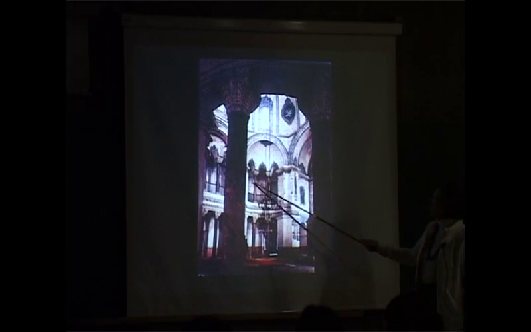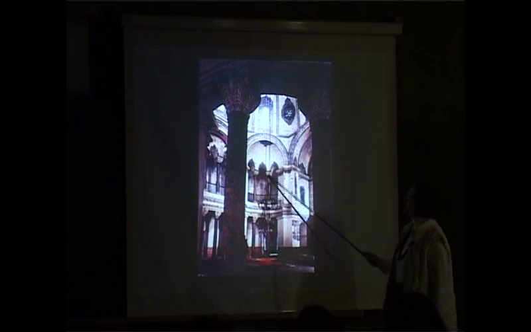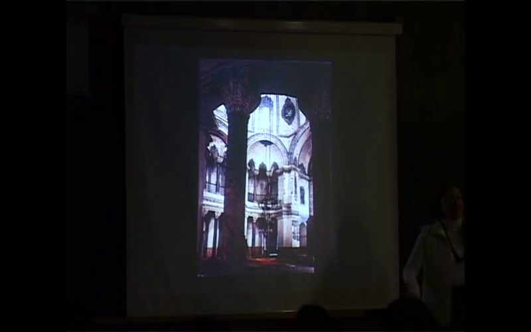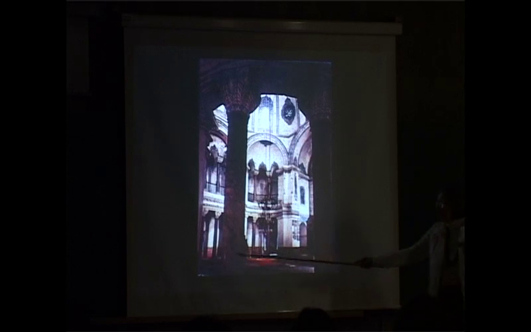The columns that you see here, again, have the sophisticated array of the interior articulation, not just a simple circle, but a plan which is scalloped out with the aid of the wedge-shaped piers.